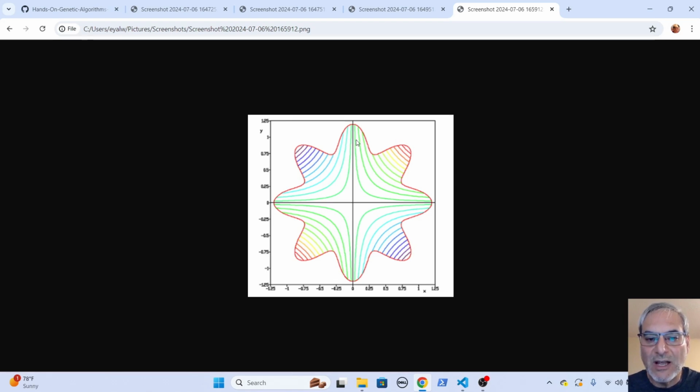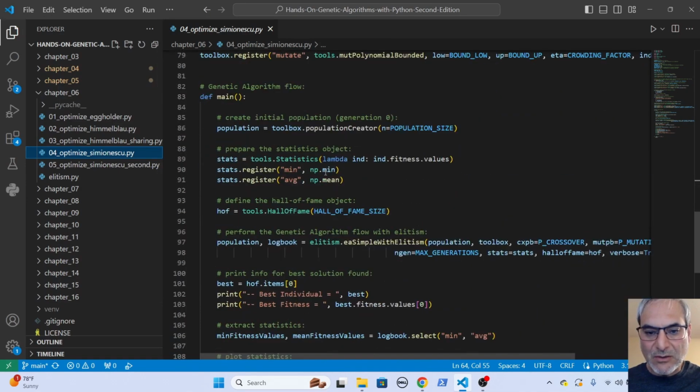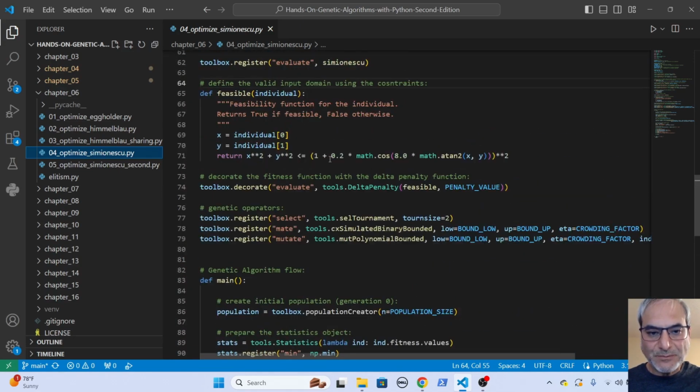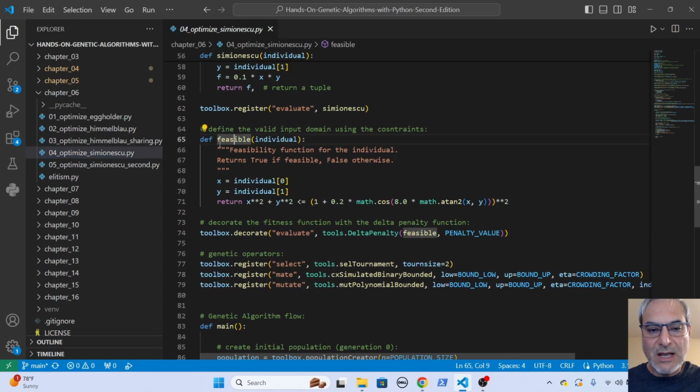So we would like to find those minima points within the constraints, and for that, if we look at the program, we use a construct called feasible range. Here we define the constraint within this feasible function, and it actually gives us something that's called the feasible range, which adheres to this constraint.